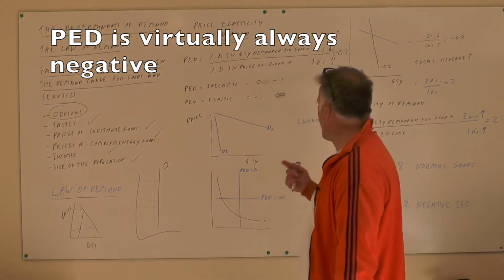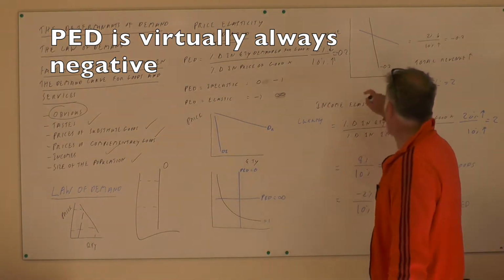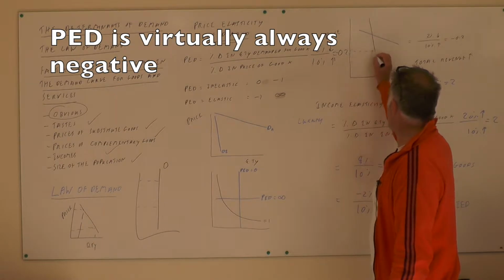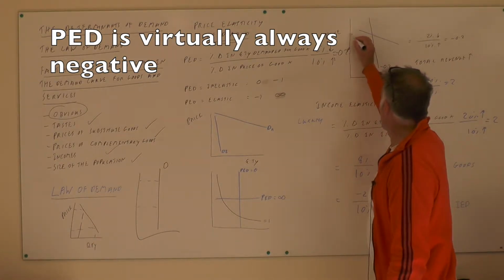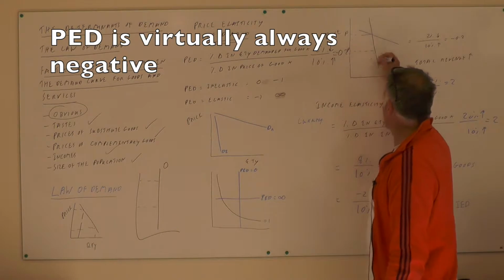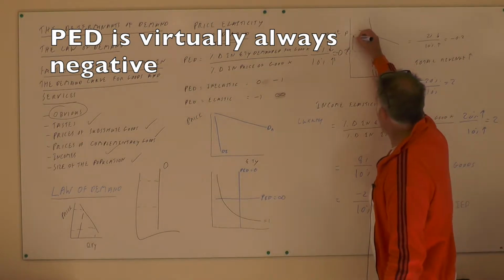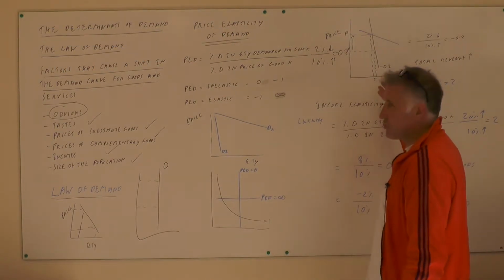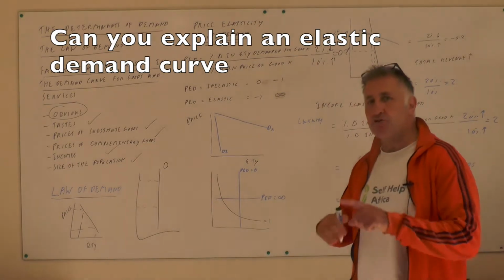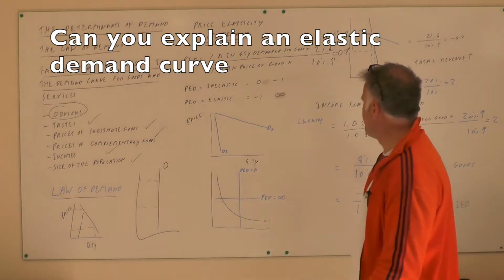So what does that mean in reality? If we use the example over here, it means if we raise the price here, the price goes up by quite a lot, and demand has fallen by a smaller amount. The price has gone up by that much and demand has fallen by that much. It's a much smaller amount, so therefore it's an inelastic demand.